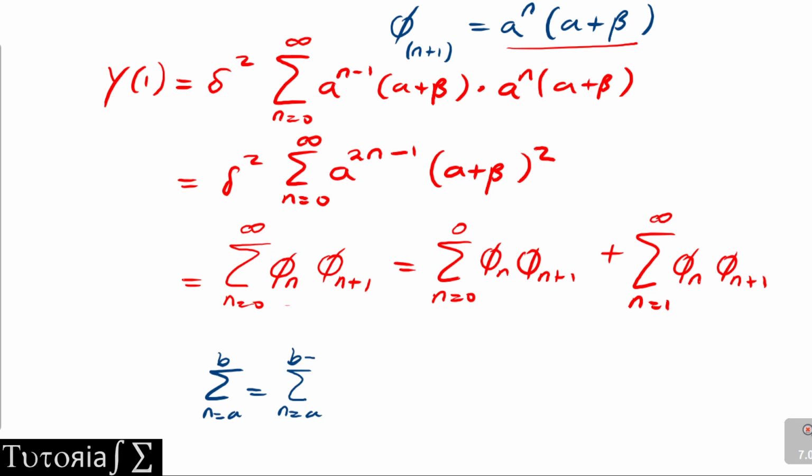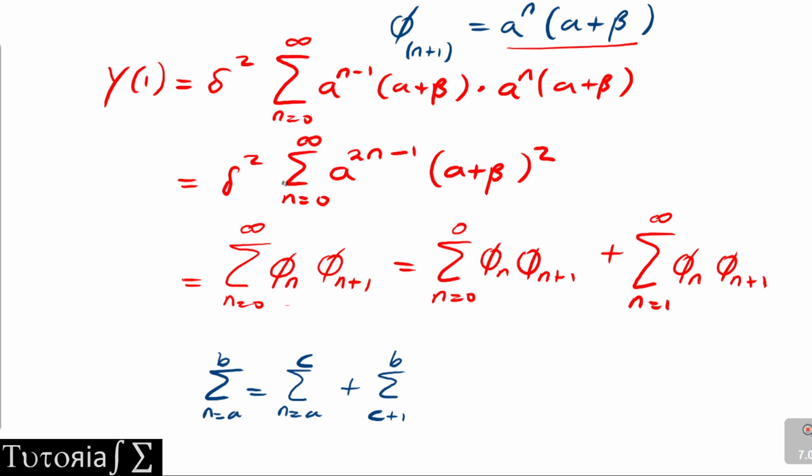We can put a number here. We can end at c. Then we say plus the sum from c plus 1 to b. Okay, so we can do this for sums.